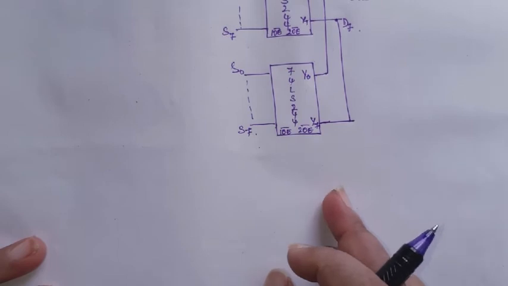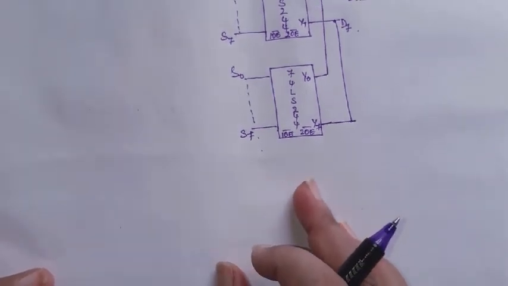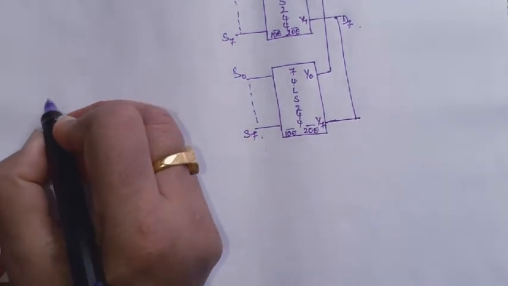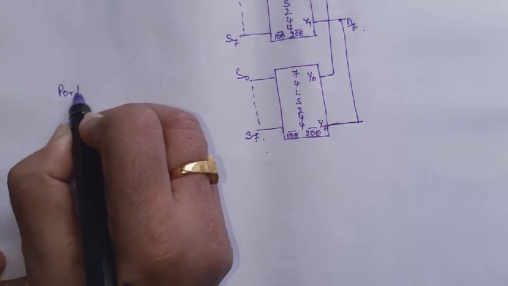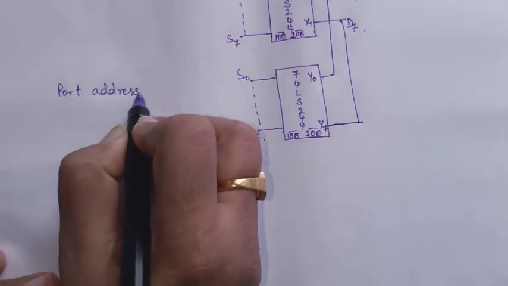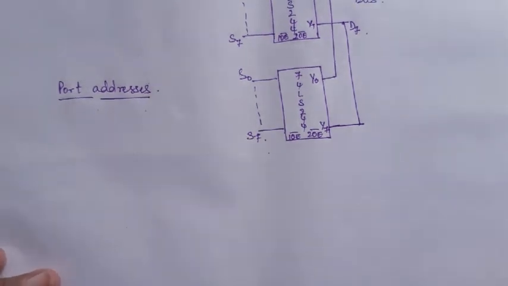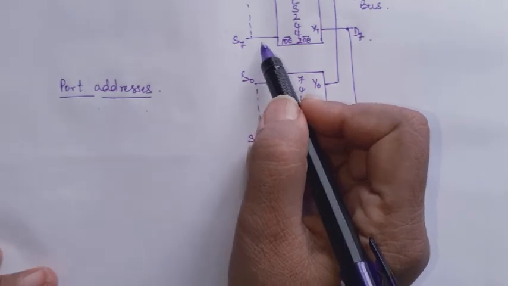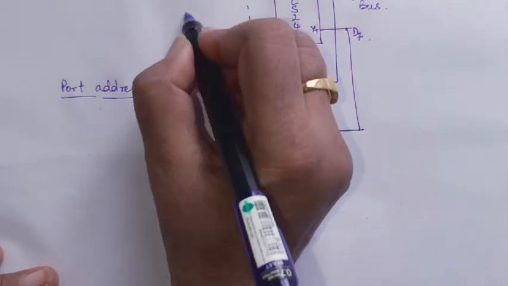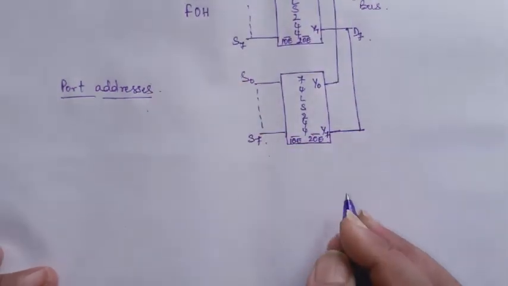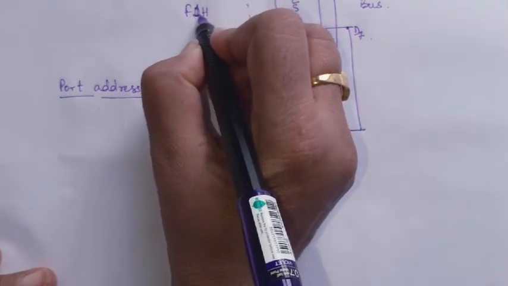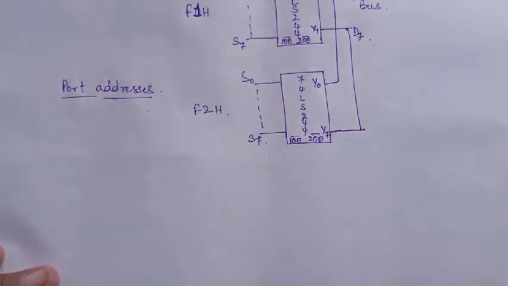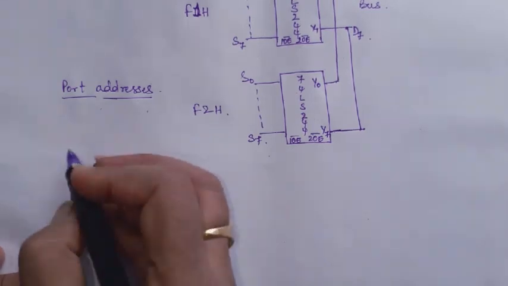Now how to decode and select these tri-state buffers? Let us suppose I want the port address of the first set, the first tri-state buffer, to be F1H, and the port address of the second switch set to be F2H.